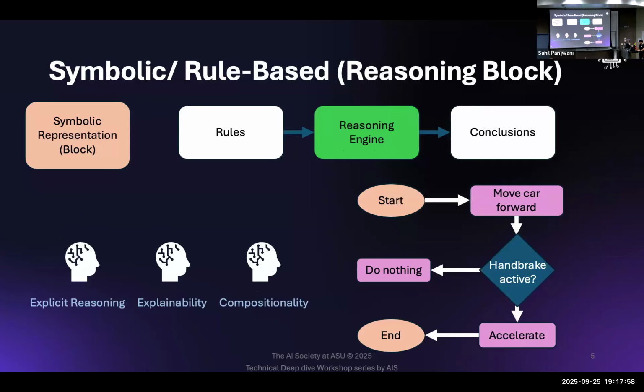Next, we move on to symbolic or rule-based AI, right? And this is from an earlier era of AI research, but it's still very relevant in many applications nowadays. It's all about logic, rules, and reasoning. So instead of raw data that we had before, we are focusing on just rules and allowing the model to reason based on them.